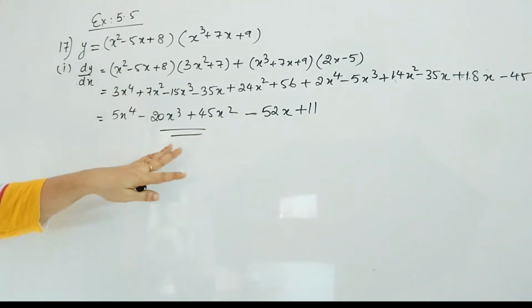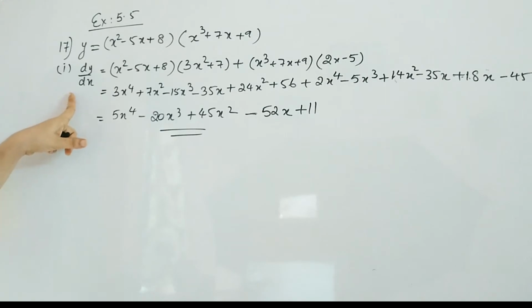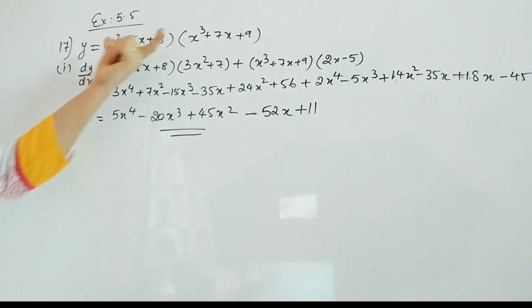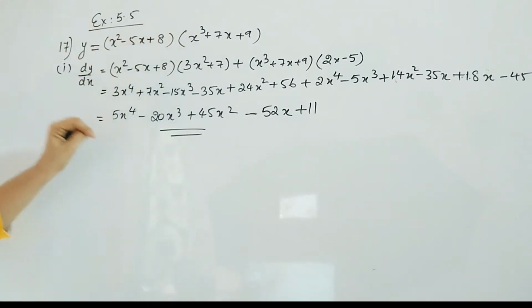So this is what you are getting while doing it with the product rule. Okay, this is your product rule form. What is the second one? By expanding, that means by multiplying these terms and then differentiating.